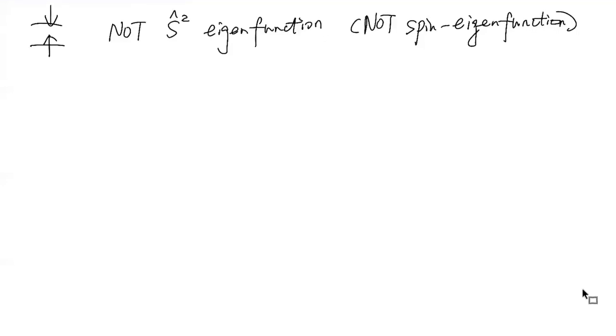It's actually very easy to validate that. You can simply write down the corresponding Slater determinant and apply S squared on it, and see whether or not you can find an eigenvalue. You cannot do that actually. I will leave this simple derivation to you.